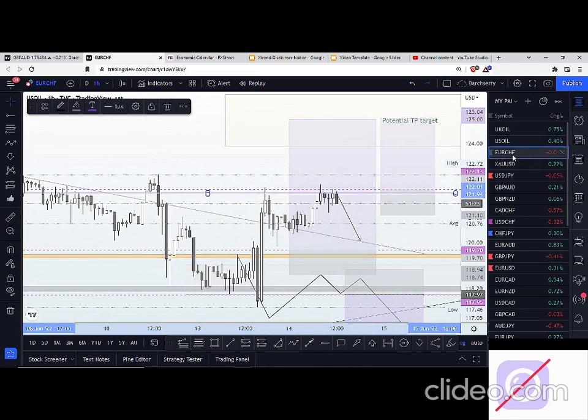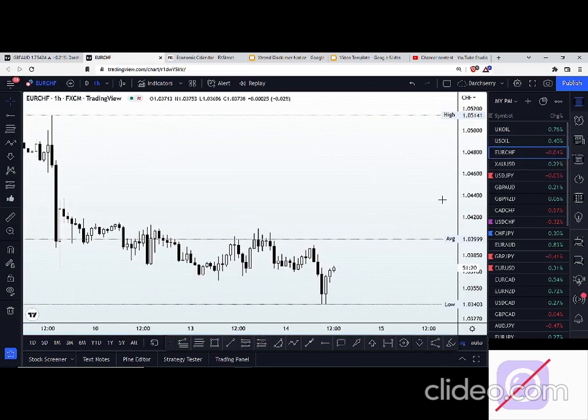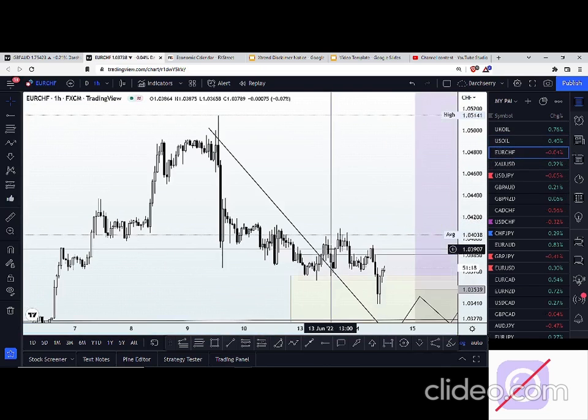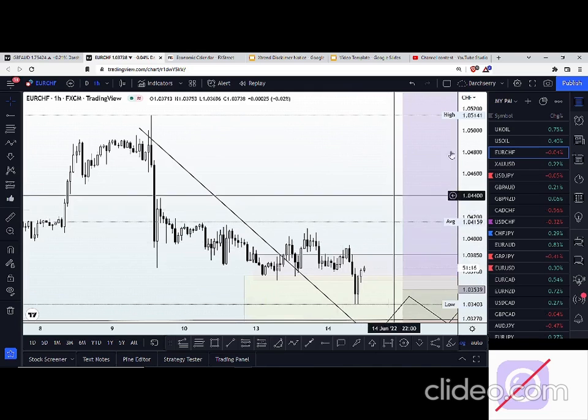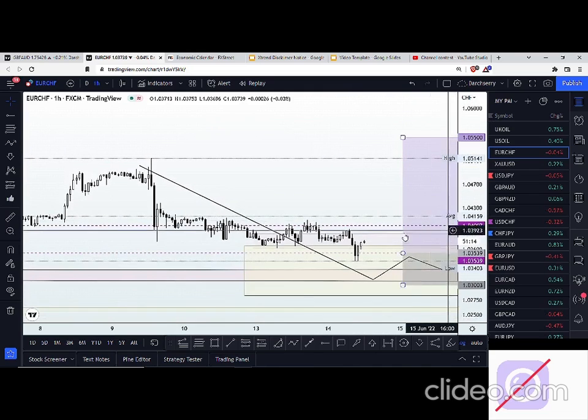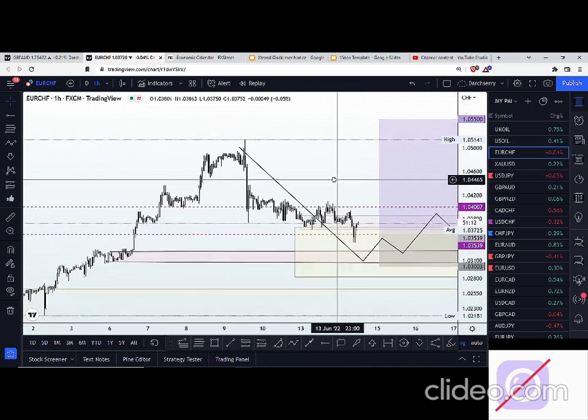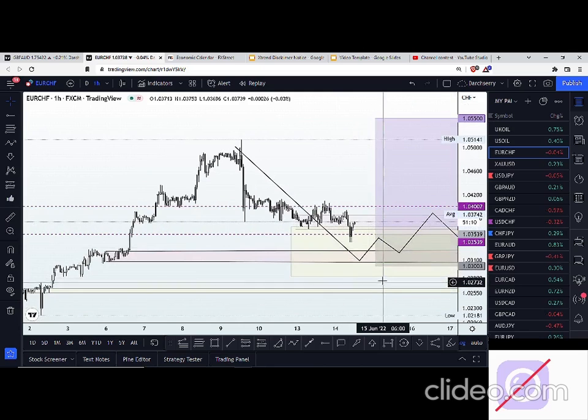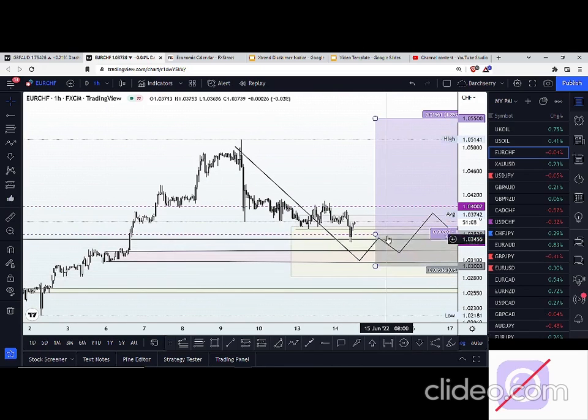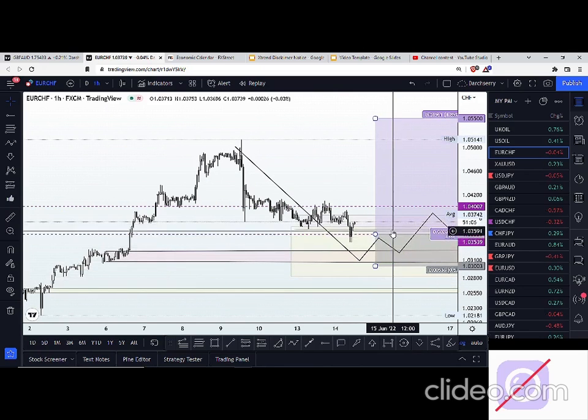Then we moved on to the Euro CHF, where I told you I'm still expecting a bullish potential, and I made mention of a buying opportunity zone we identified between the 1.028 area and 1.03500 area.